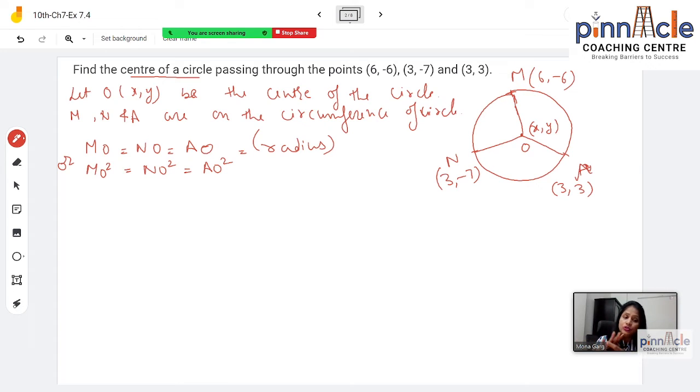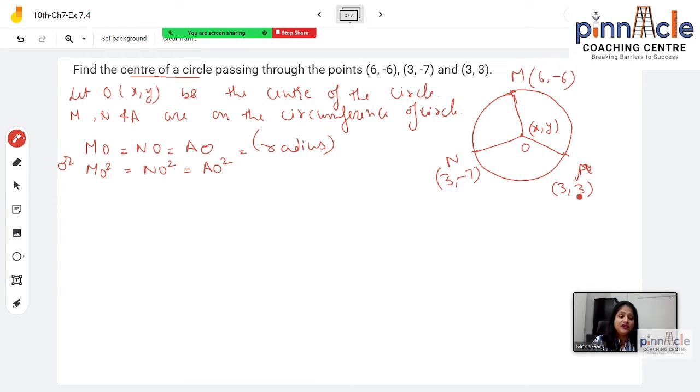But in this question, you can frame 3 different equations, but we don't need actually 3. Now, the point is which 2 equations will help you most. ध्यान से सुनना. ये बोल रहा है N जो है इसके कोऑर्डिनेट्स 3, -7 है.